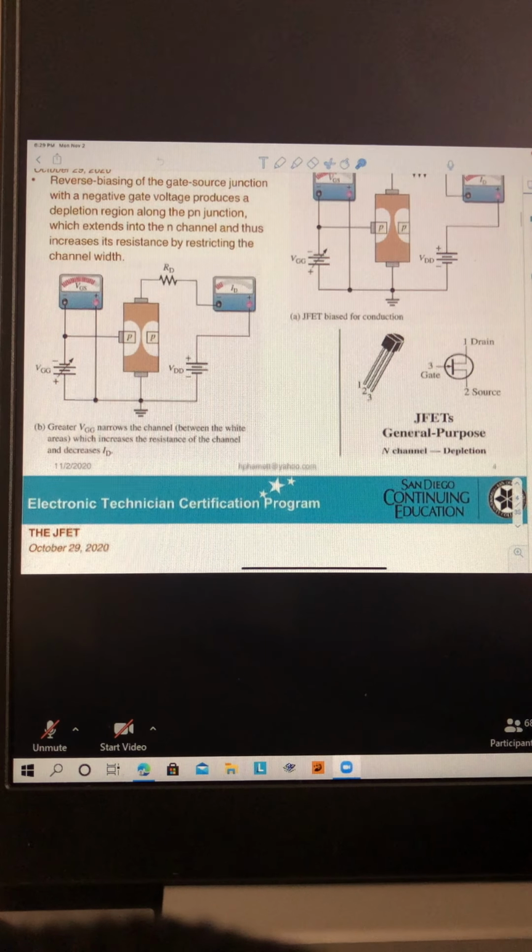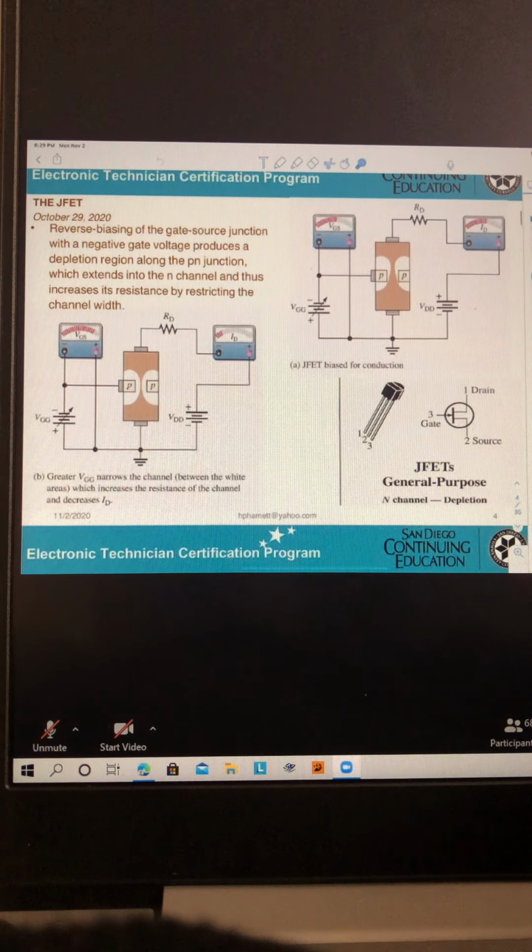Now, if you see this one here, VGS goes less negative, and now ID will be more. That only tells you this thing. This is what they call a channel. More electrons inside, more electrons moving, you get more current. So comparing this one to this one, I see this will be more current.